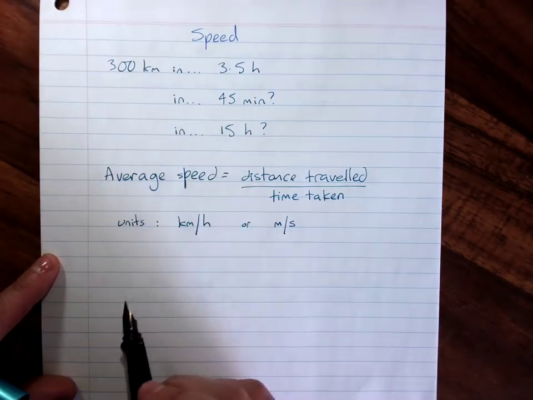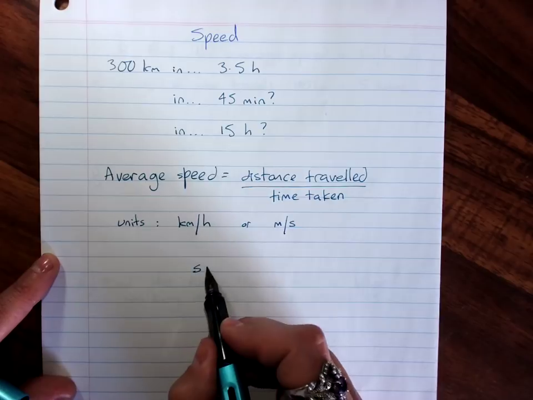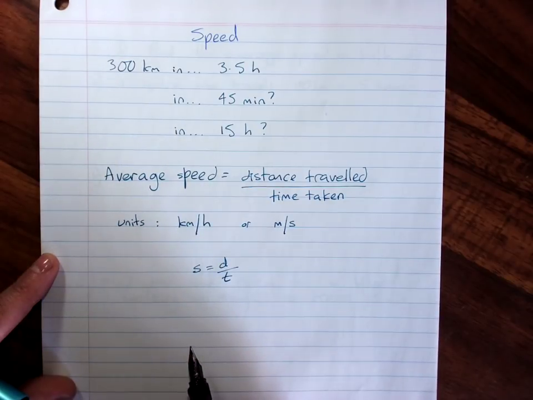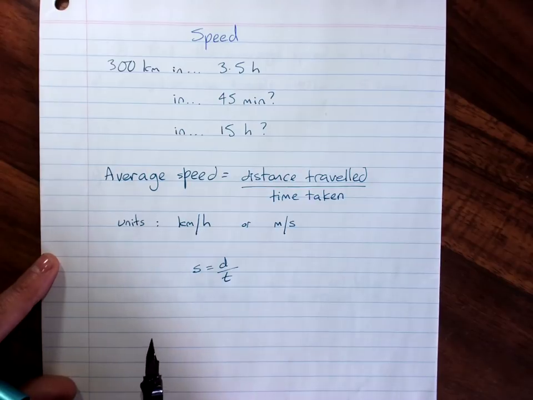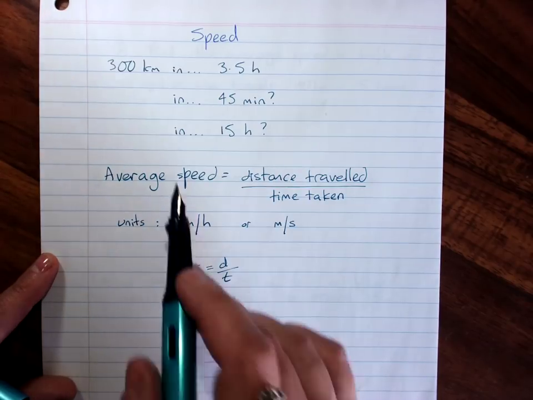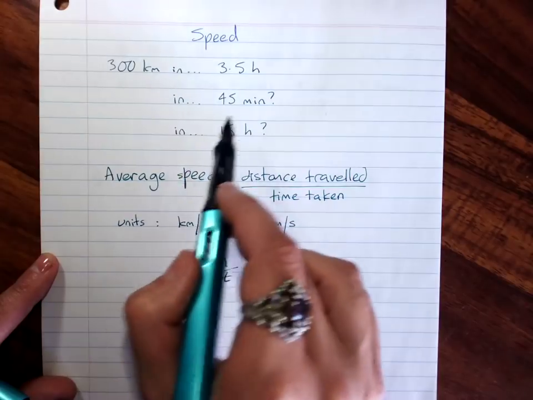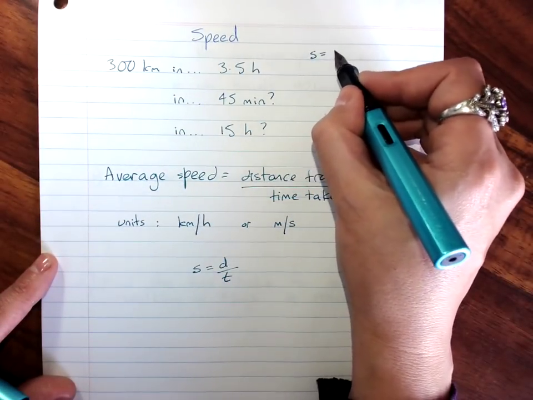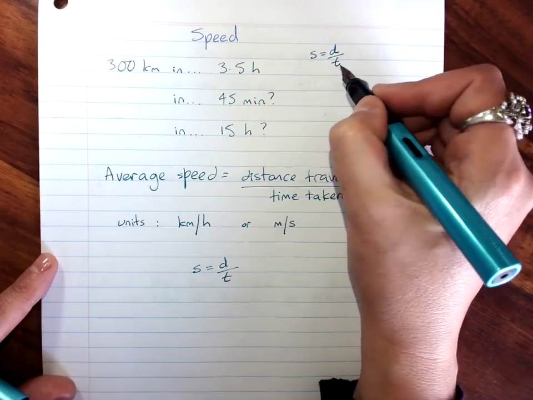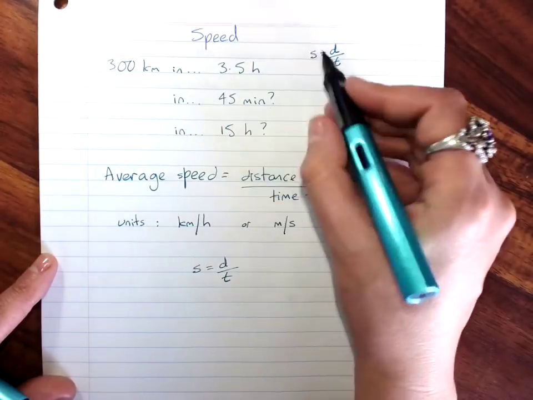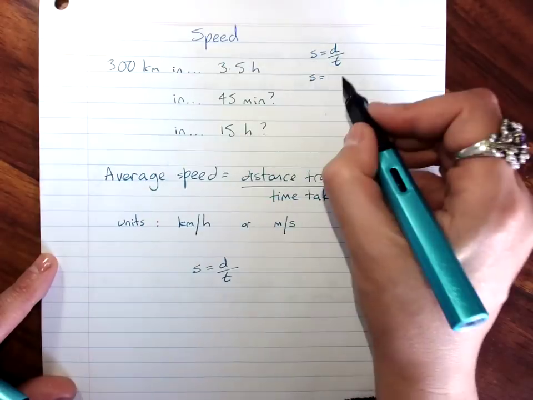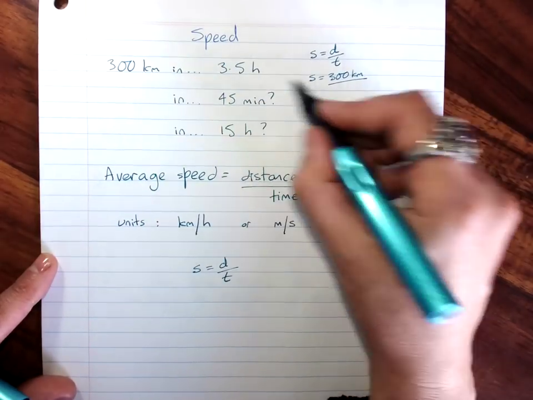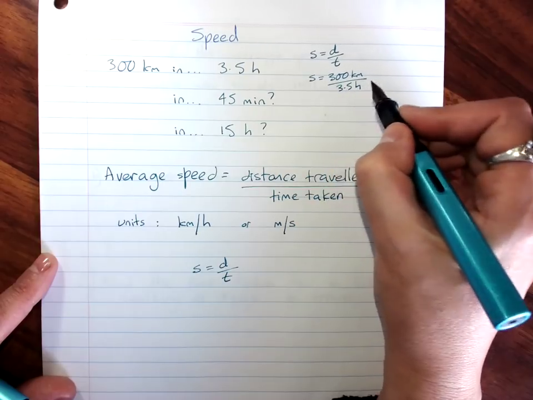Now we abbreviate this formula down to speed equals distance over time, just like that. So when I'm asked to calculate average speed, for example for these, I would write the formula, speed equals distance over time, substitute the values, speed equals 300 kilometres over 3.5 hours.